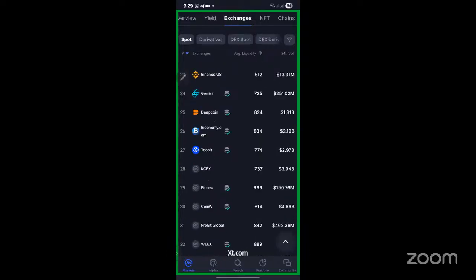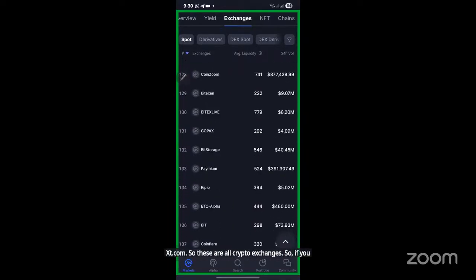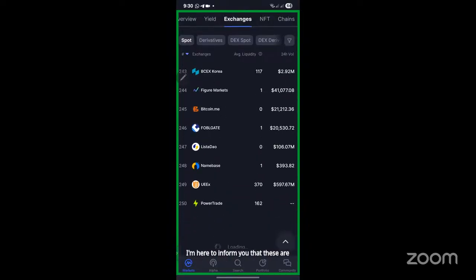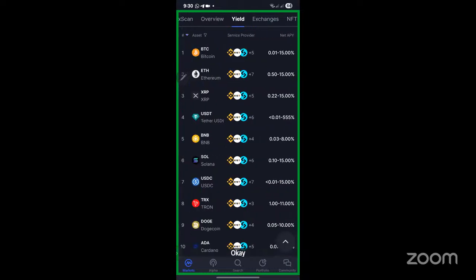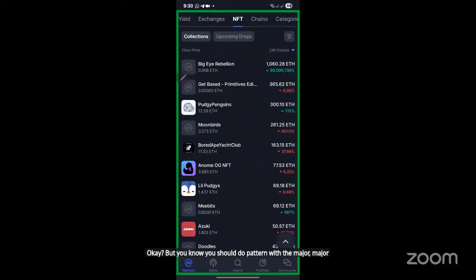So these are all crypto exchanges. If you only knew Binance, I'm here to inform you that these are also other exchanges and they can be used like Binance, okay? But you should partner with the major exchanges.